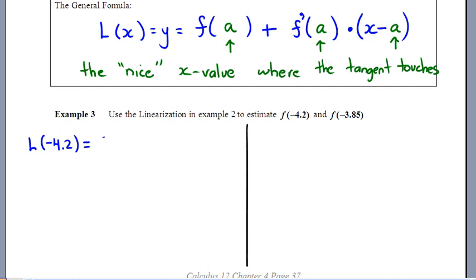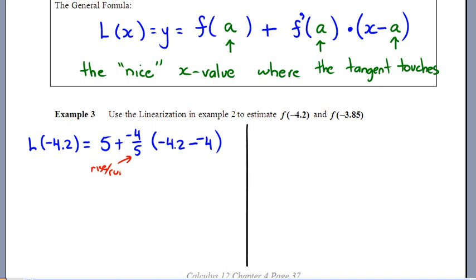This would be 5 plus negative 4/5 times negative 4.2 minus the negative 4. In other words, plus 4. I think we can pull this off without a calculator with a little bit of work. I've got my rise over run right here. That's my slope.